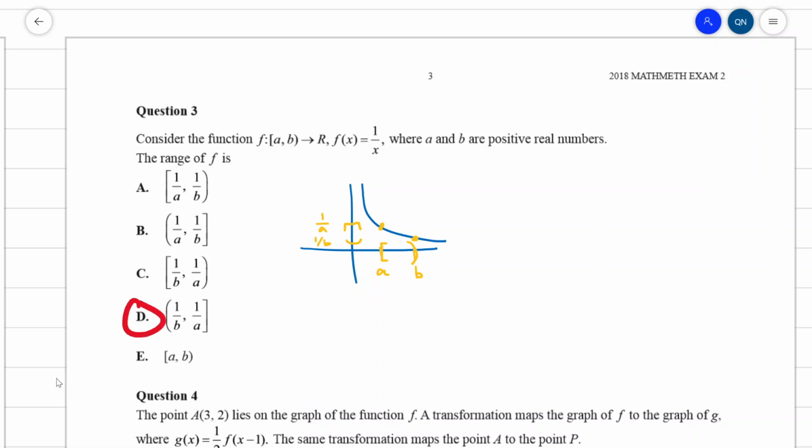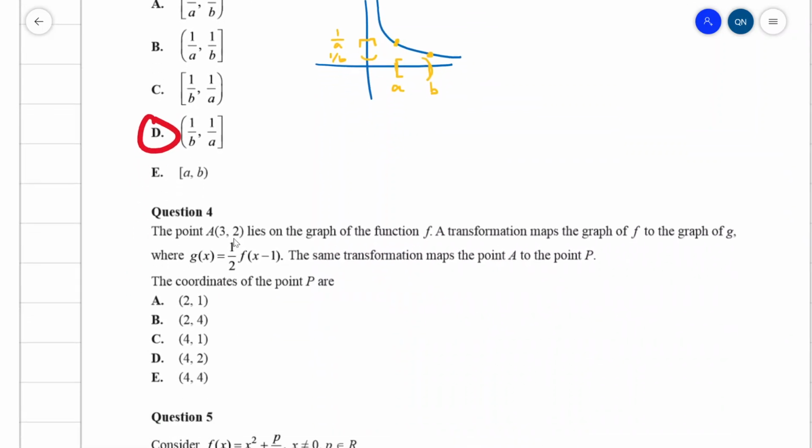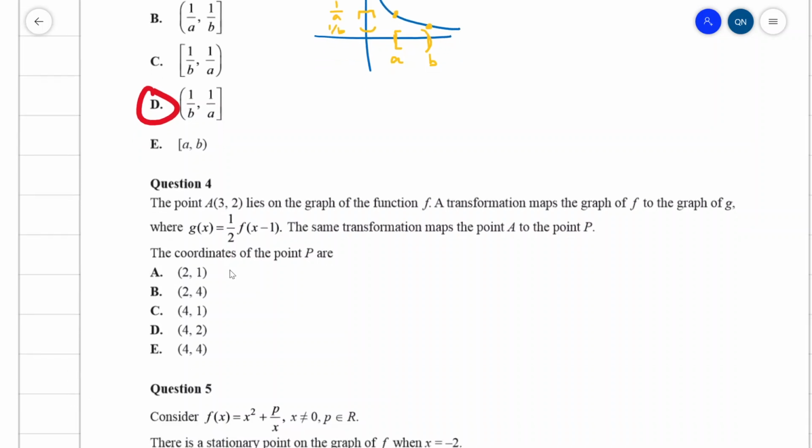Alright, question 4. The point A, which is (3, 2), lies on the graph of the function f. Now the function f is transformed to the graph of g via this transformation, and we want to find the image of this point. What's the corresponding image point of (3, 2)? So how do you do that? Well, let's first understand the transformations of this graph g. So what are we doing here?